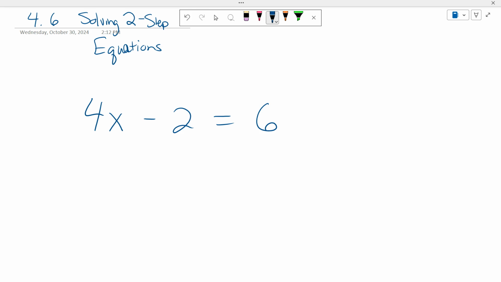when you solve two-step equations, it's the opposite of PEMDAS. Okay? So you want to do grouping symbols last. That's nice, but we're not there yet. You want to do grouping symbols last.